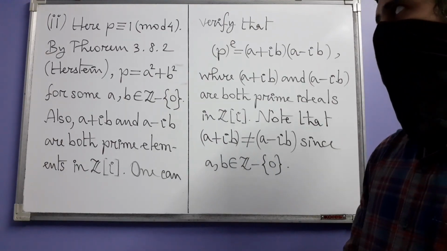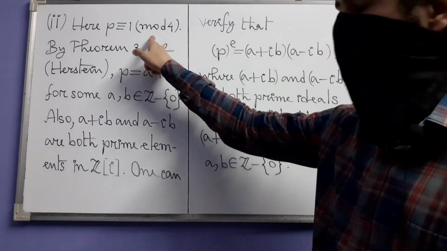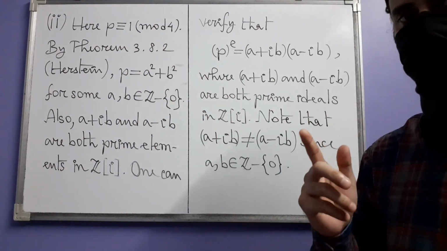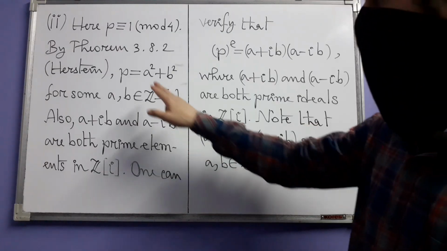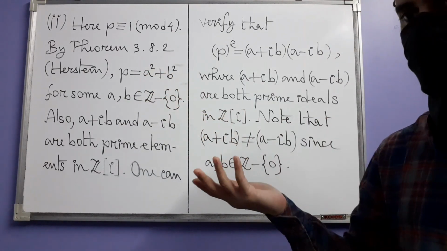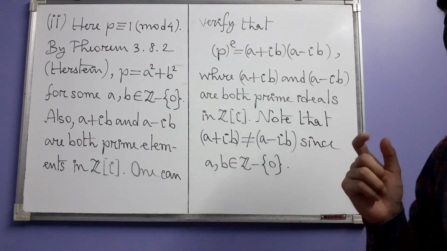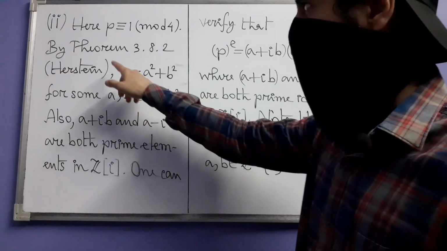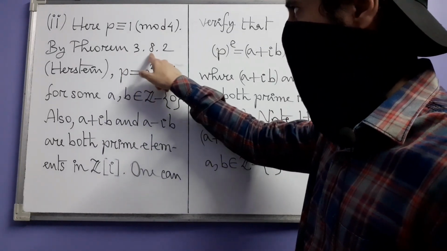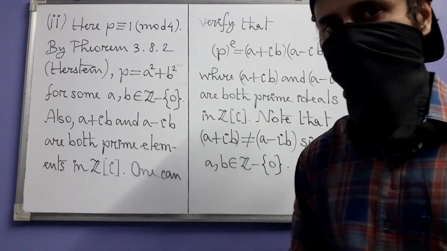In the second statement, we consider primes of this type, those which leave the remainder 1 when divided by 4. Now there is a famous result about this type of primes which was proved by Fermat. It's a result from number theory which is available as theorem 382 in Herstein.